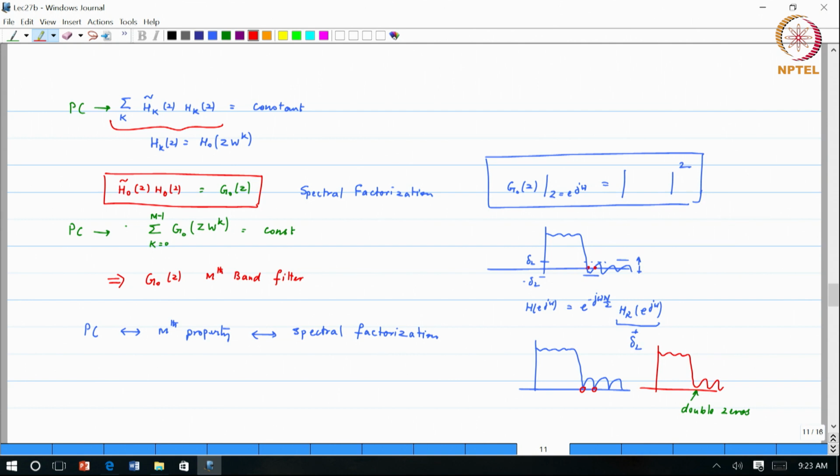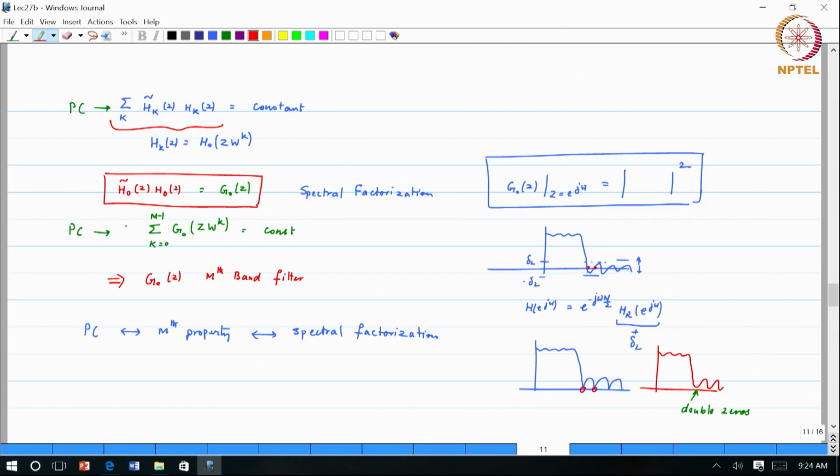Now, if I could have written g naught of z as h naught tilde of z times h naught of z, and g naught satisfied an mth band property, the mth band property basically says the shifted versions will add up to a constant. If I now substitute this factorization, I get a power complementary set.